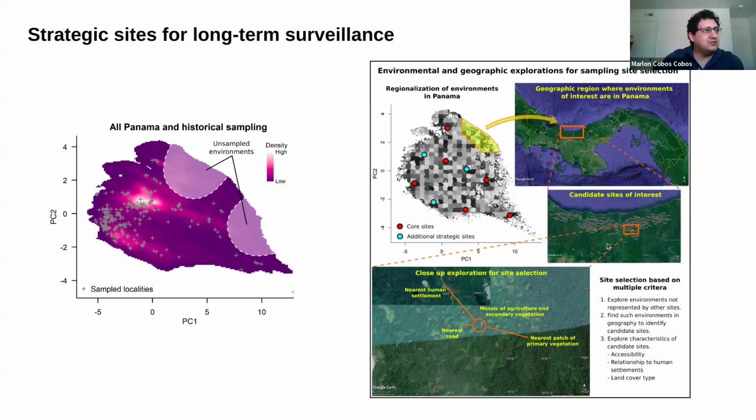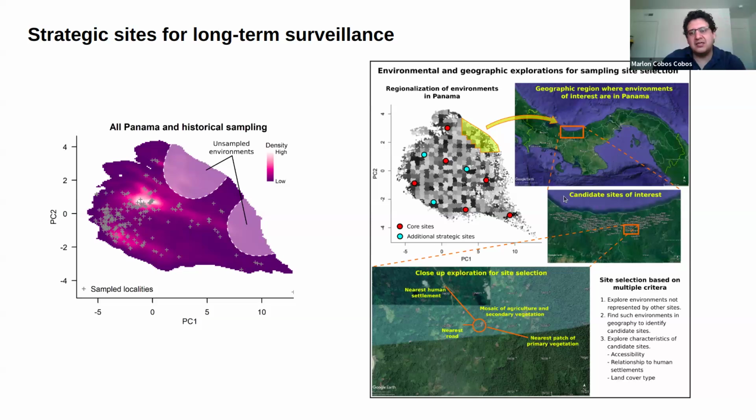You can keep going, just keep zooming in, you start seeing what's the actual geographic scenario of this. And so you pick one of these points that allows you to have accessibility, allows you to represent some kind of mosaic of landscape. And it's also relevant because it has human settlements around.